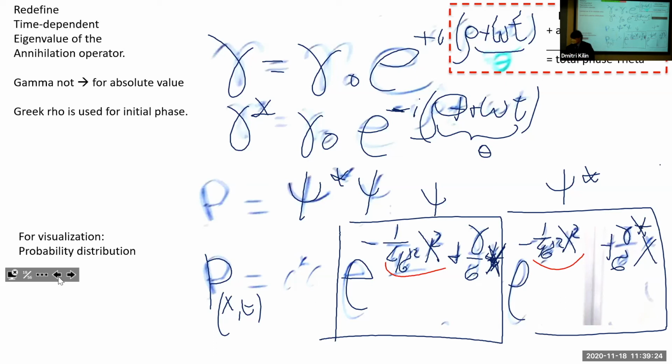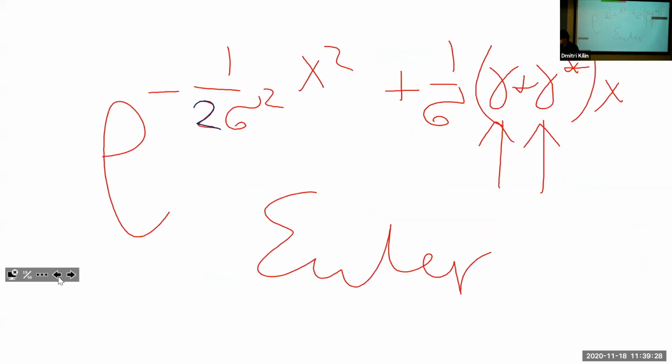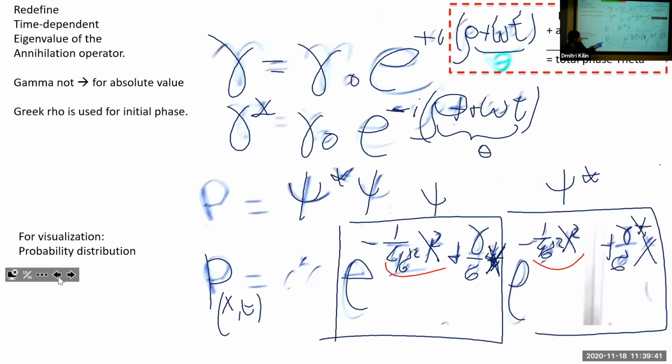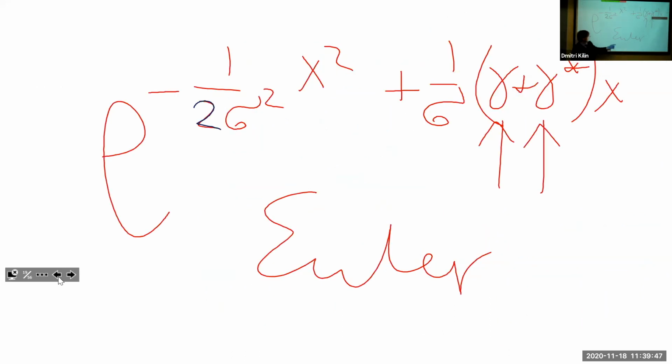So multiplying two exponentials is equivalent to adding together their powers. Right? So flipping back once again: x squared over 4 sigma squared going forward, x squared over 2 sigma squared. So just adding together.